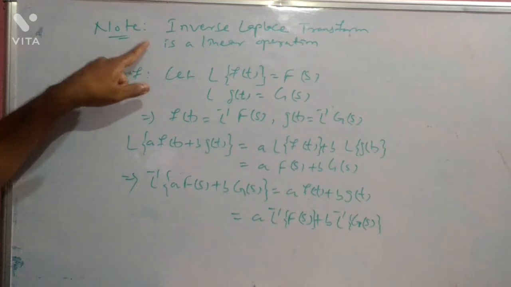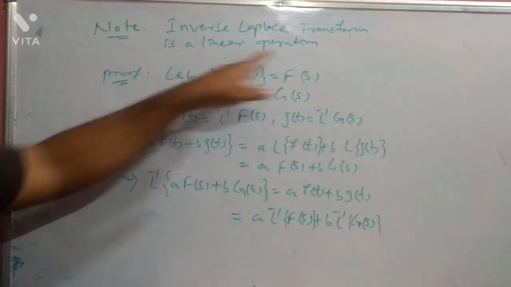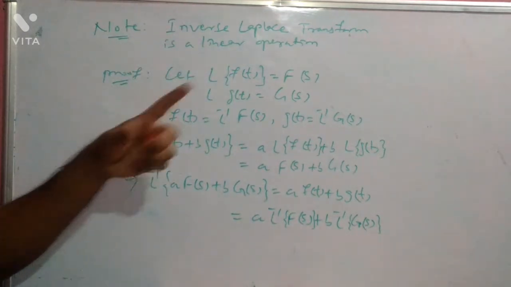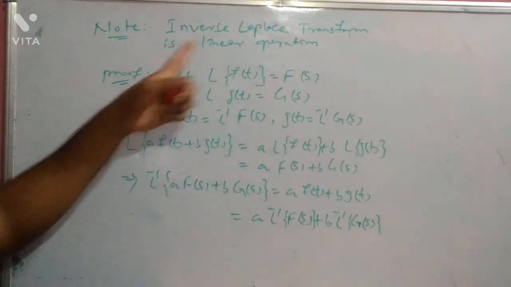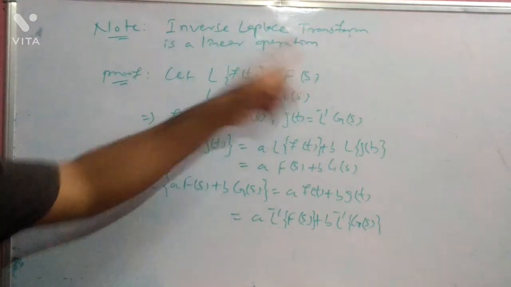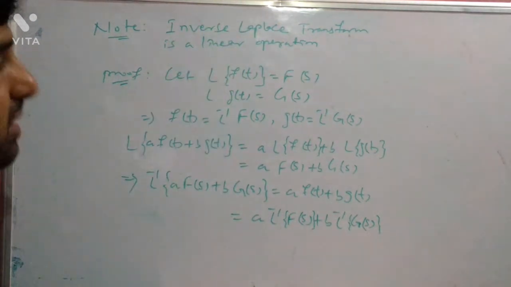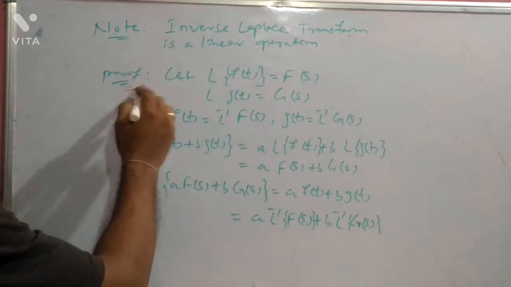Here we can note that inverse Laplace transform is a linear operation. We have already proved that the Laplace transform is a linear operation. Similarly, the inverse Laplace transform is also a linear operation. We can prove this. What is the proof?